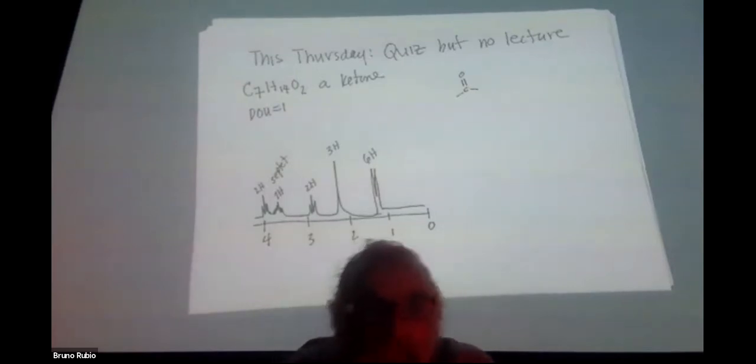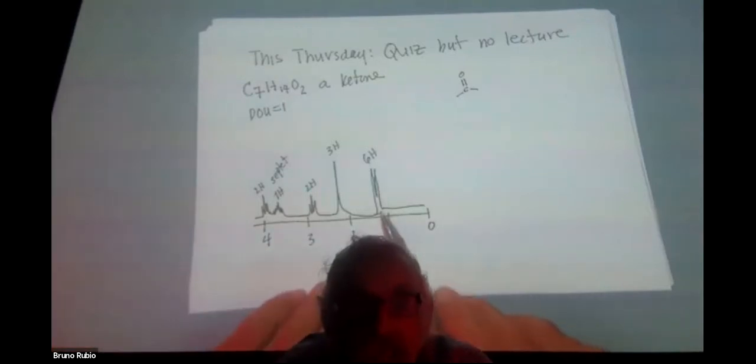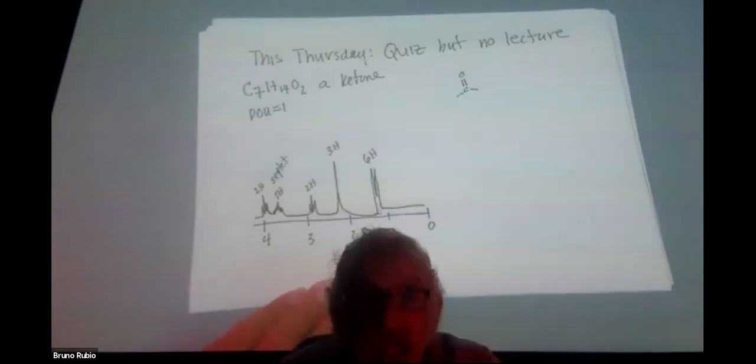All right, so now my advice to you is to start with the most upfield signal or with the most downfield signal. They're the ones that are easiest to interpret. They're the ones that you're going to get the most mileage out of. So 6 hydrogens. What could possibly give a 6 hydrogen signal, this most upfield signal? Is it a carbon atom bonded to 6 hydrogens?